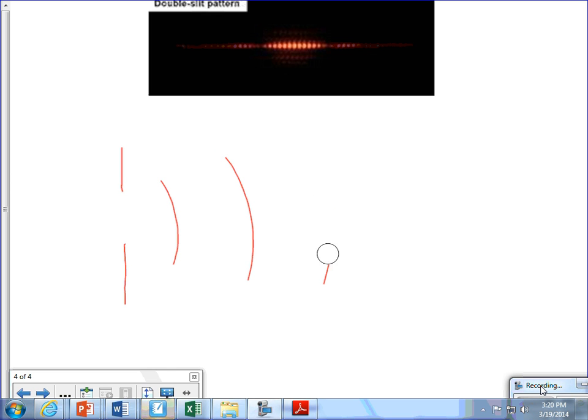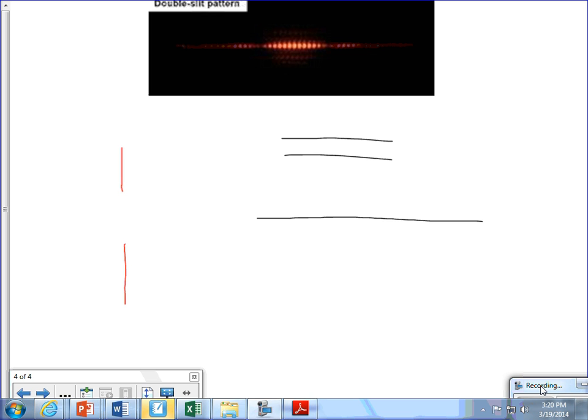With that in mind, we have to remember something we saw when we started talking about refraction. We showed a boundary between two media, with waves coming in towards this boundary.